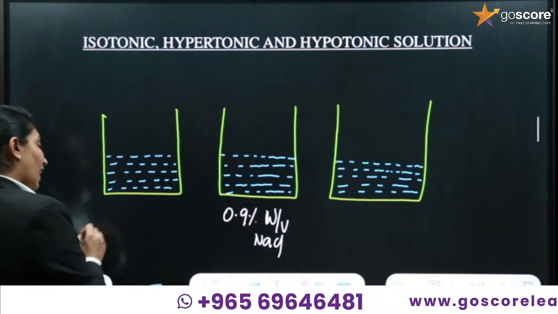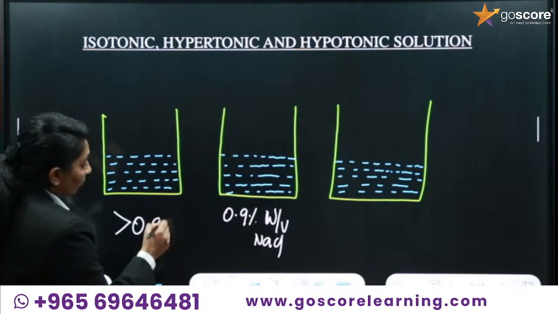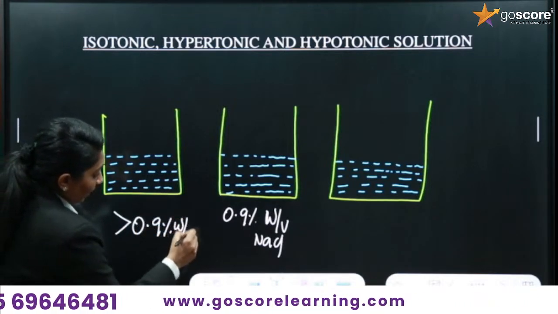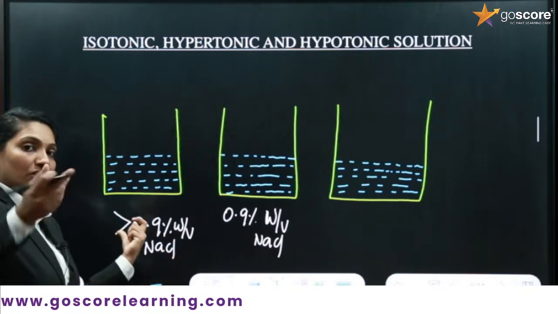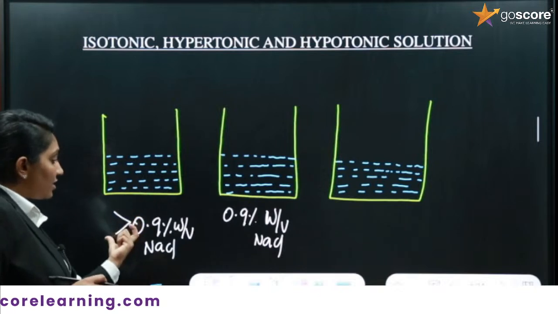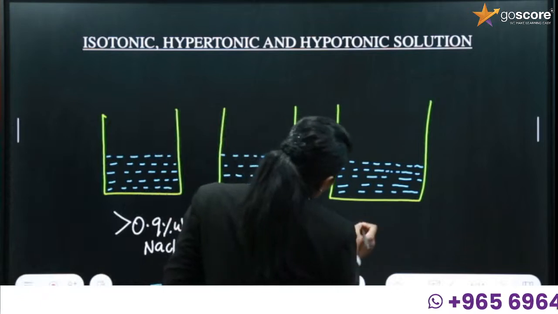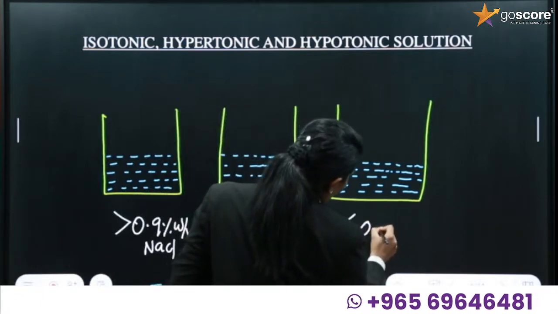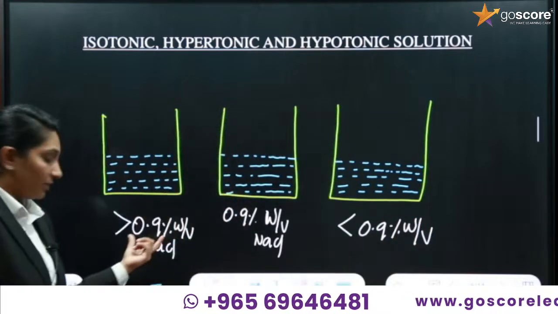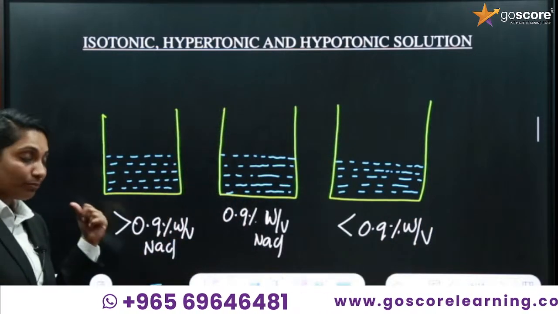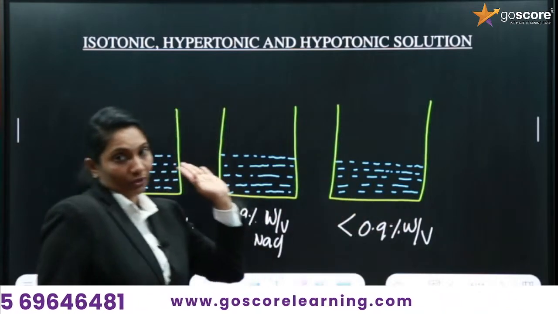In the first beaker, I have taken a concentration of sodium chloride which is greater than 0.9 percentage weight by volume. Here, what I took is less than 0.9 percentage weight by volume. So this is greater than 0.9 percentage, this is 0.9 percentage, and this is less than 0.9 percentage.